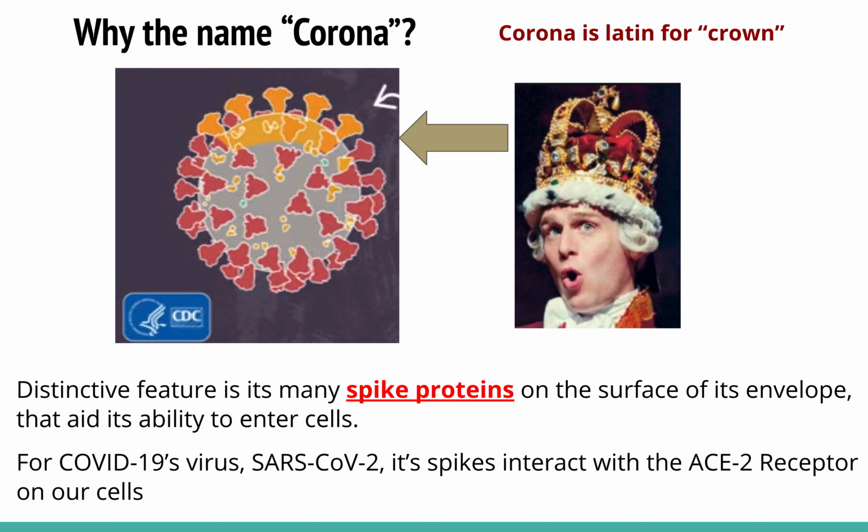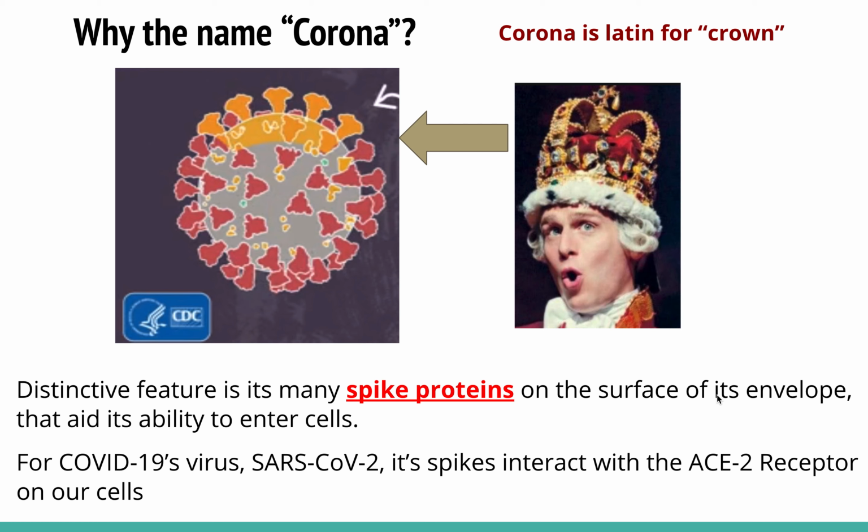Now, why do we call COVID-19's virus, SARS-CoV-2, a coronavirus? Well, this is a massive class of viruses that, due to the shape and presence of all their spike proteins, look like the spikes you might find on a crown, and corona is Latin for crown. The distinctive feature is its many spike proteins on the surface of its envelope.